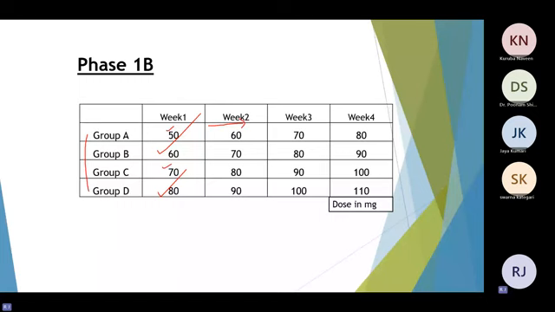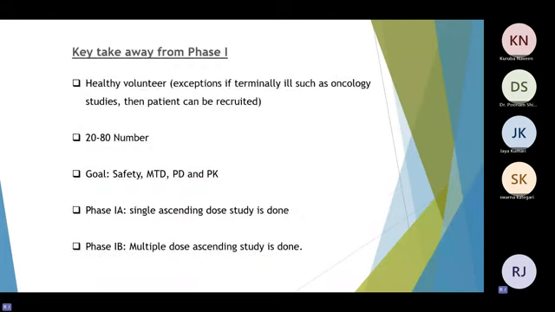So the key takeaway from phase 1 is that it is done in healthy volunteers. Because this is the first time we are going to test the drug, we cannot take patients with multiple illnesses. We have to take healthy volunteers. But there are a few exceptions. For example, in cancer trials where terminally ill patients are there, and those kinds of trials where very toxic drugs are tested, we generally prefer to use patients instead of healthy volunteers.